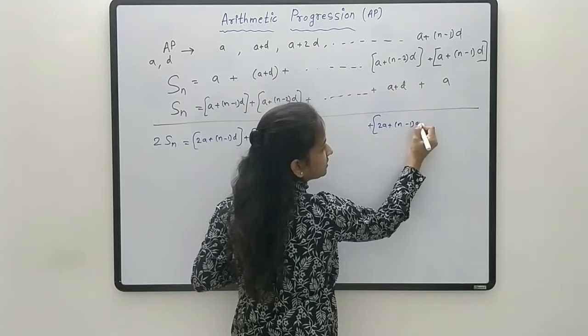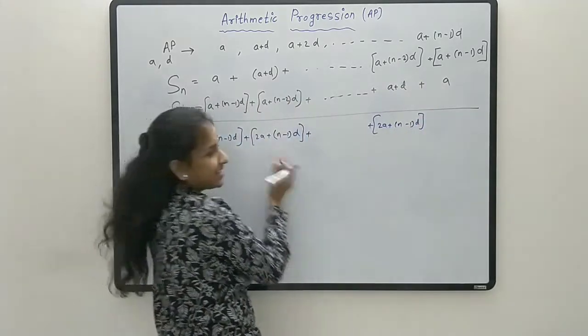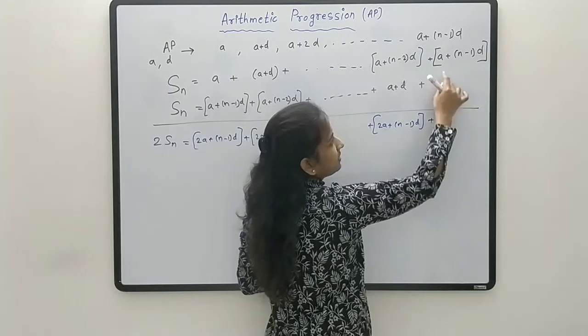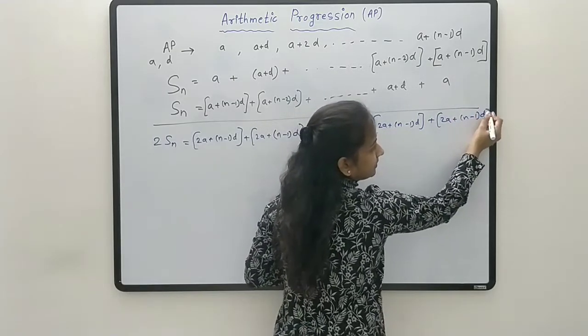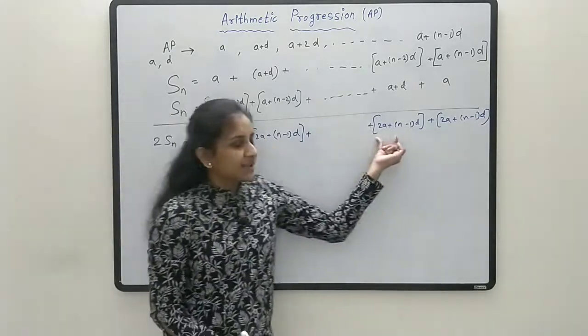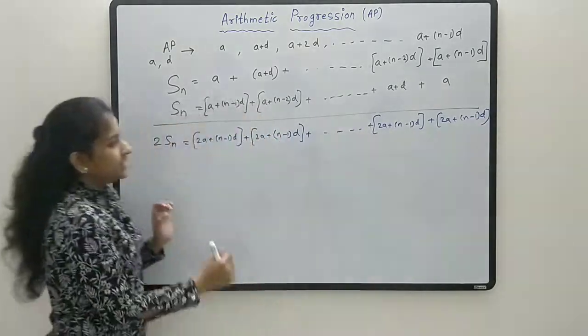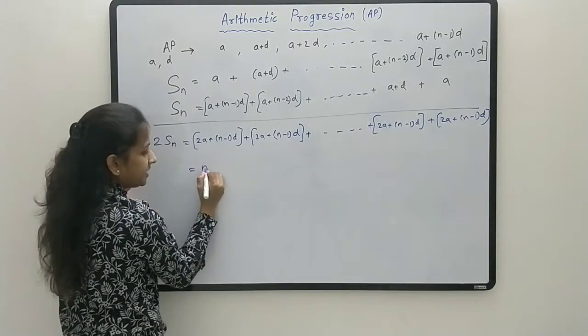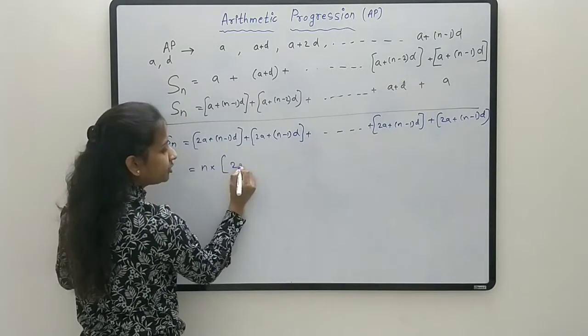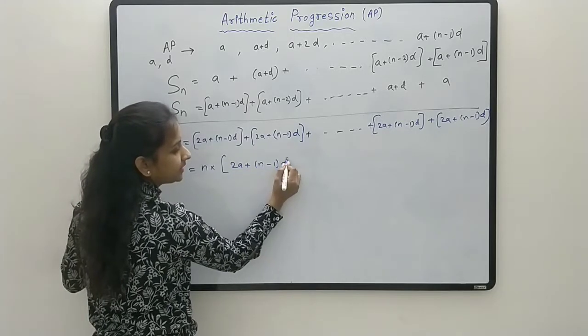Again we will get n minus 1 d, same term. Similarly, here also we will get 2a plus n minus 1 d. See, all terms are same. Okay, so there are n terms of this. So we can write n into this term, right? 2a plus n minus 1 d.